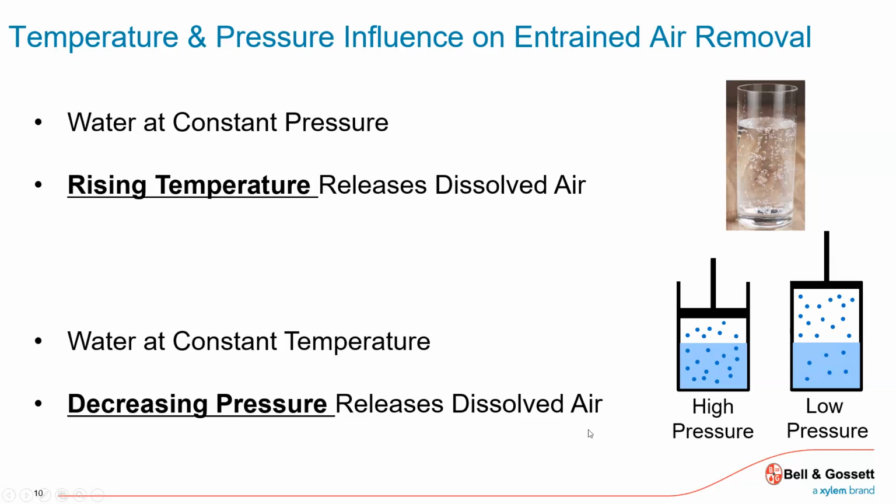And the other factor, if you will, is at a constant water temperature, if you play with the pressure. If you decrease the pressure, the air comes out of solution. So if I have water at a certain temperature, I have it under pressure, air is absorbed, it's in solution. And if I was to release that pressure, air comes out of solution.